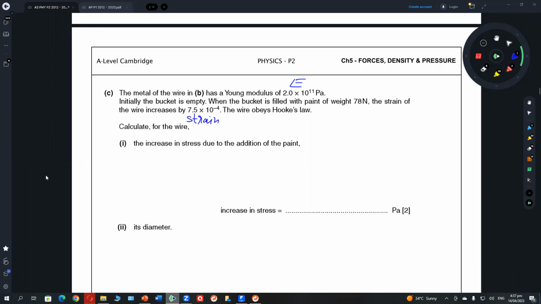He says, what is the increase in stress? The formula is there: E is equal to, so 2 into 10 power. So I need to find stress.